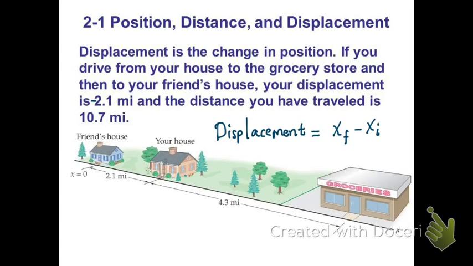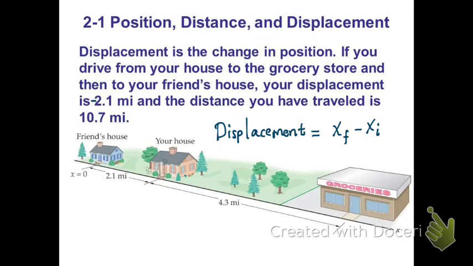Displacement is the change in position. It is mathematically defined as the final position, your position measured with respect to the origin, minus your initial position. So if you drive from your house to the grocery store first and then to your friend's house, your displacement is minus 2.1 miles. Let's do it.